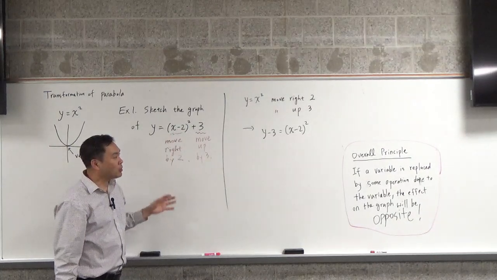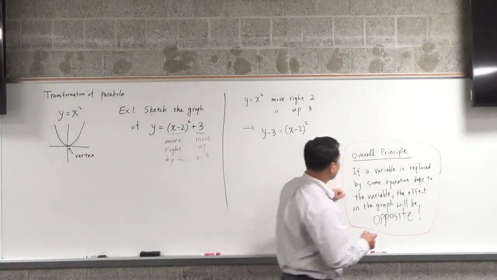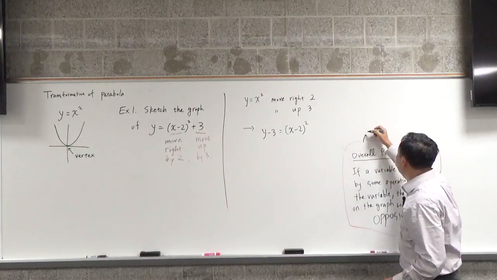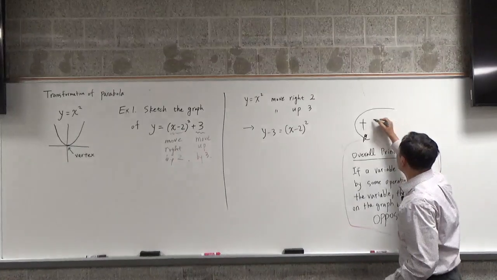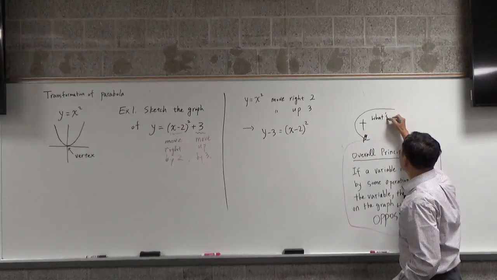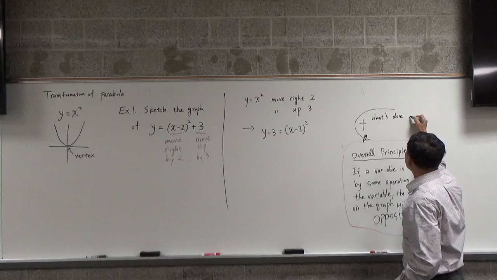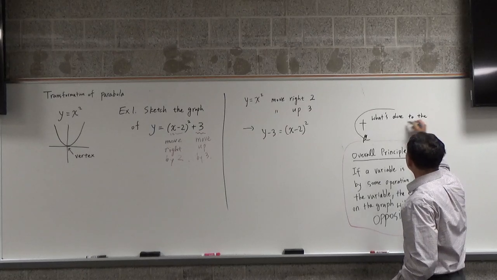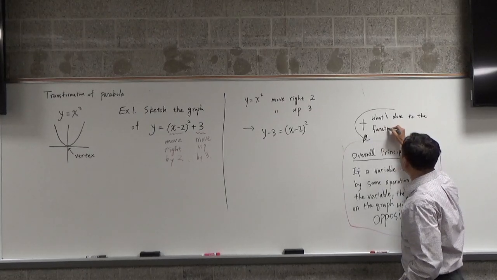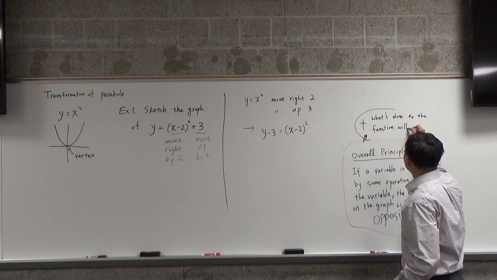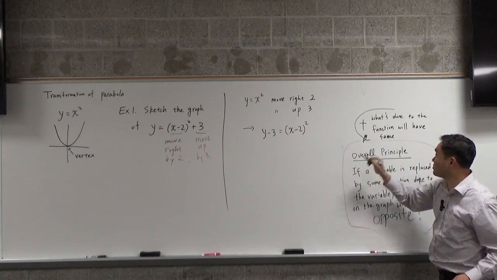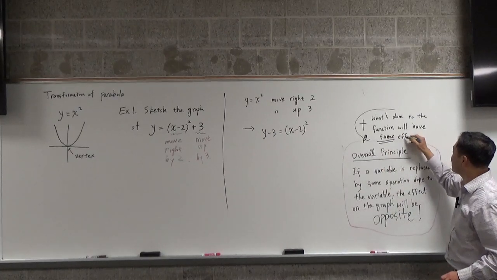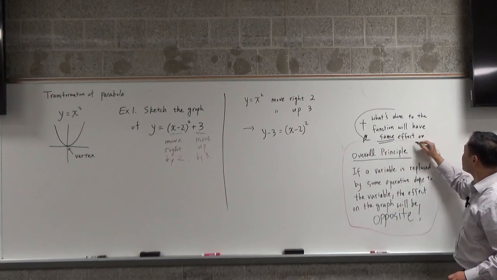So what really happens is that with the overall principle, there's also this: what's done to the function will have the same effect, not the opposite effect, the same effect on the graph.